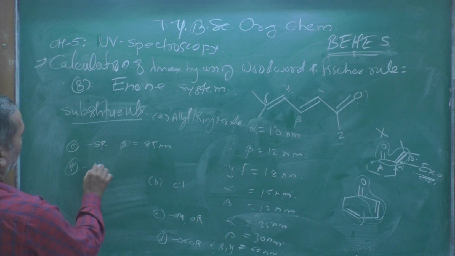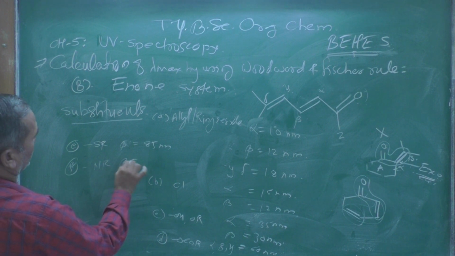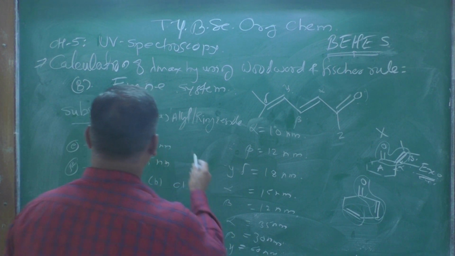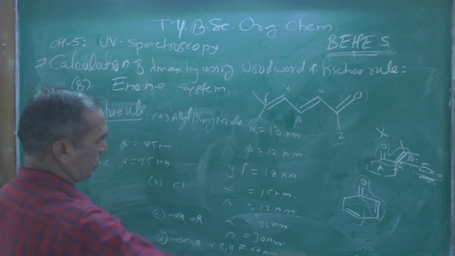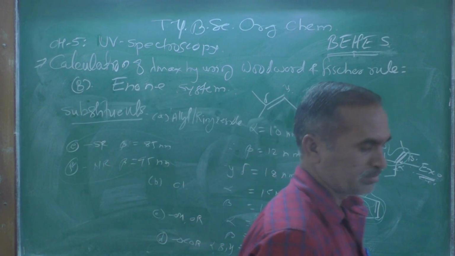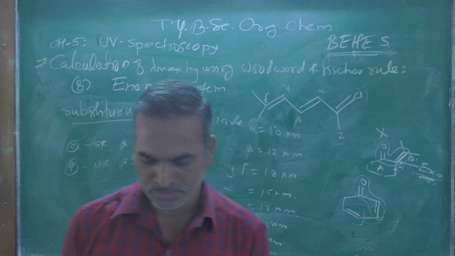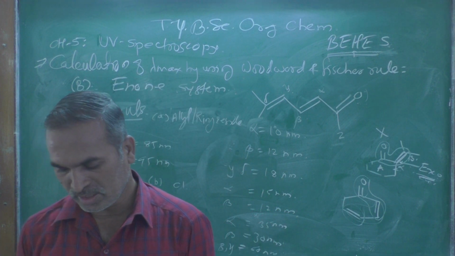Then NR at the beta position, you should add 95 nanometer at T.Y.B.Sc level. No need to remember all these things, they are given in the book. So now we are trying to solve the problem based on it.